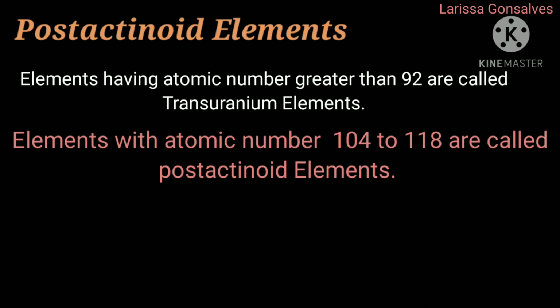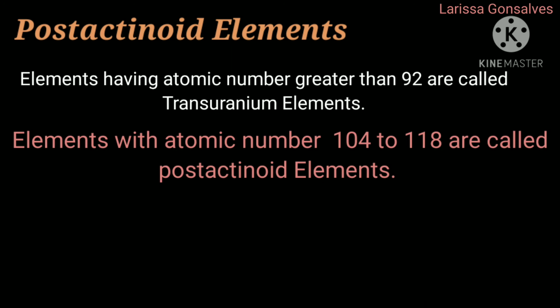The postactinoid elements known so far are transition metals. These elements are called postactinoids because they have properties similar to actinoids. As of now, there are 9 postactinoid elements which are synthesized in nuclear reactions. It is very difficult to study their chemistry because of their short half-lives.